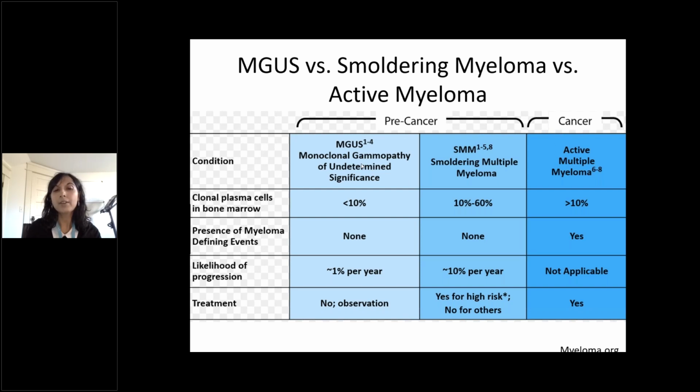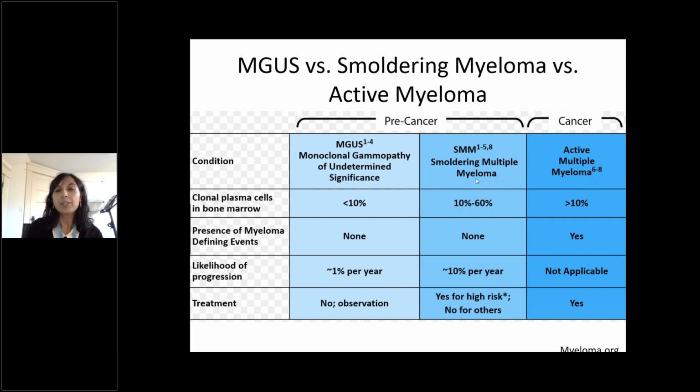So that's when there is a protein, but they don't have the 10% or more plasma cells in the bone marrow, and they certainly don't have any of the CRAB criteria or any of those biomarkers that I mentioned. But generally, they do need to be observed because there's a risk of about 1% per year over time that they will develop active multiple myeloma, and it would be important to identify those patients.